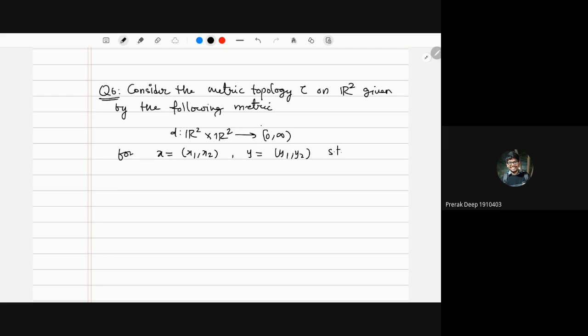d of x comma y is equal to the norm of (x1 minus y1, x2 minus y2). Now note here that each of xi and yi belongs to R2.